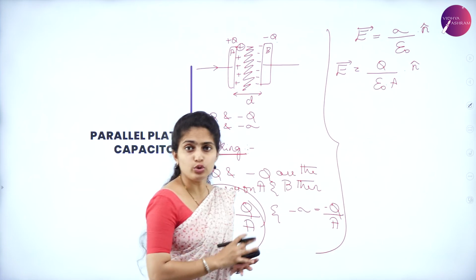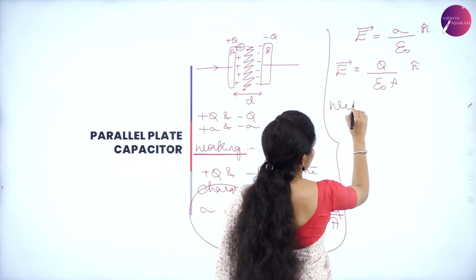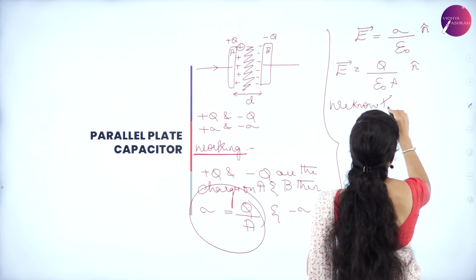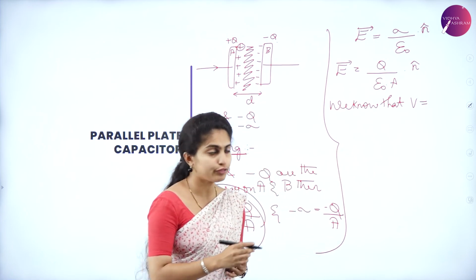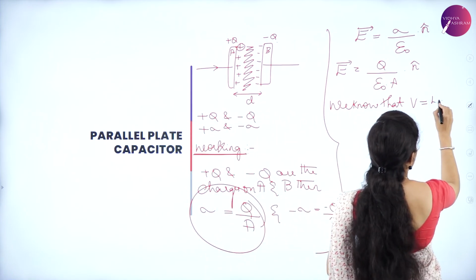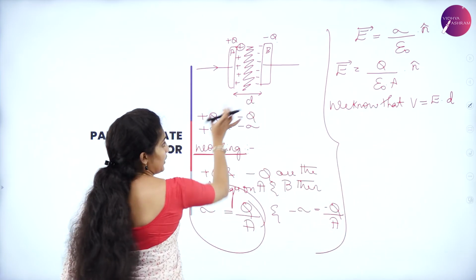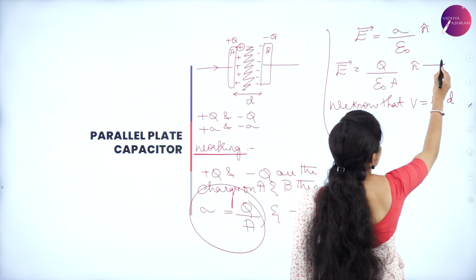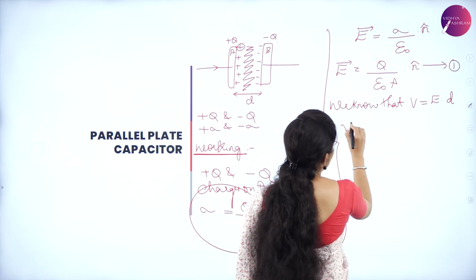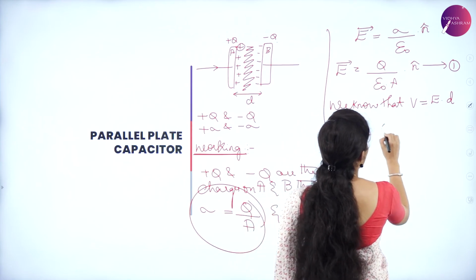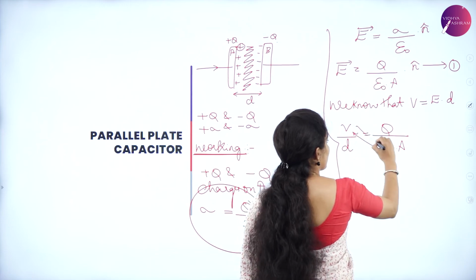We also know that the potential V is the product of the electric field and the distance between the two plates. So consider this as equation 1, and write V divided by D is equal to Q by epsilon naught into A. Just cross multiply.